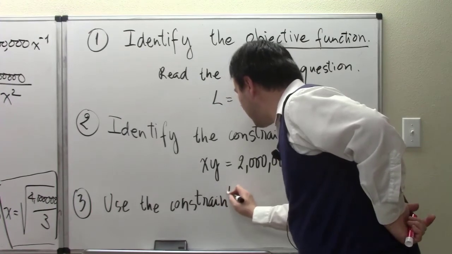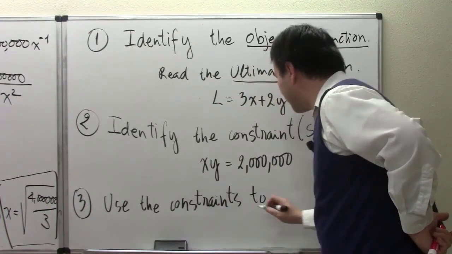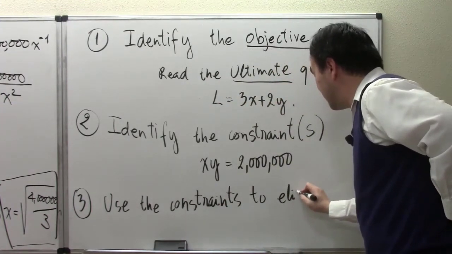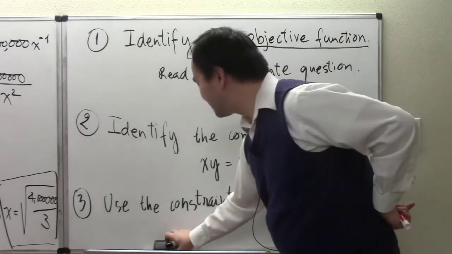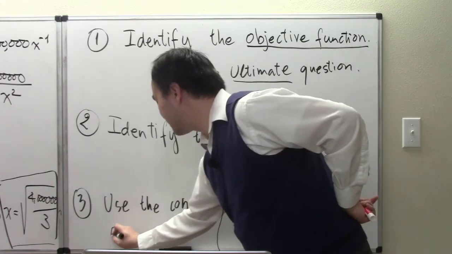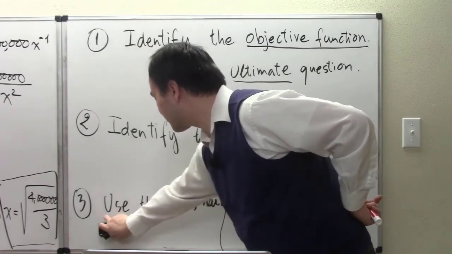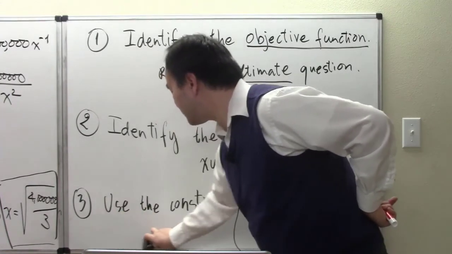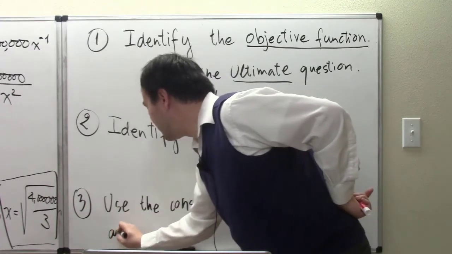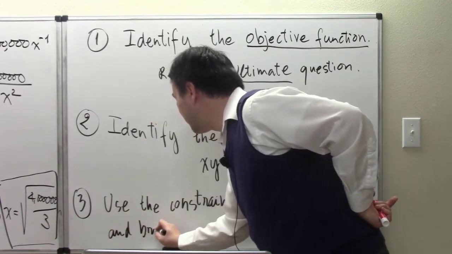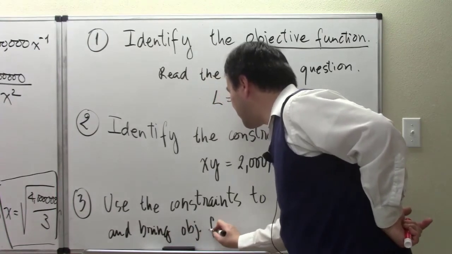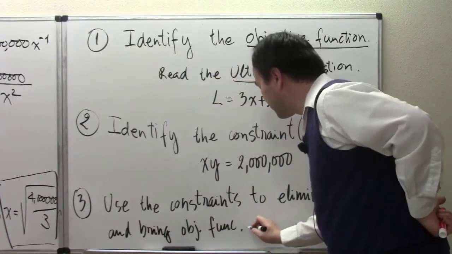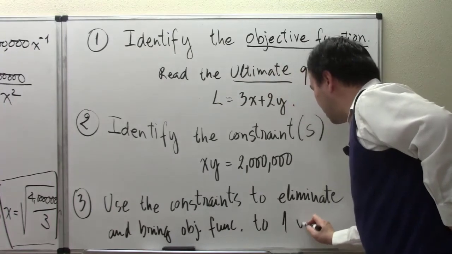Use the constraints to eliminate variables and bring the objective function to one variable.